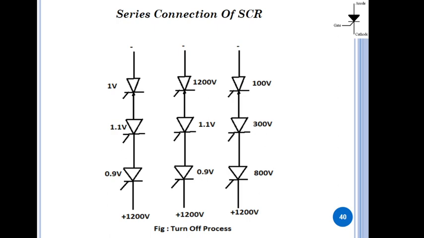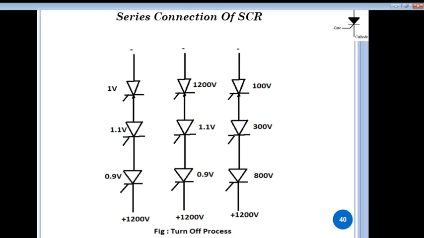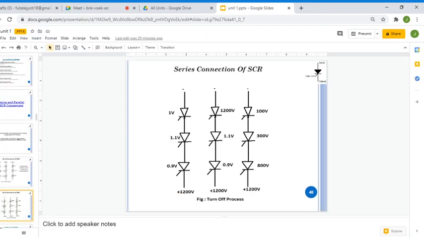Considering this requirement, we develop the equalizing circuit arrangement. Today we only covered the series connection of SCRs and observed the turn on and turn off processes during the series connection. In the next lecture we will see how to connect the equalizing circuits for the series connection.